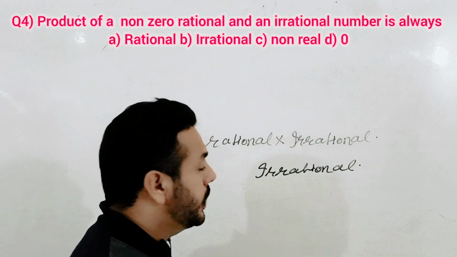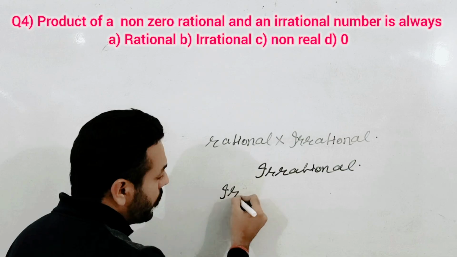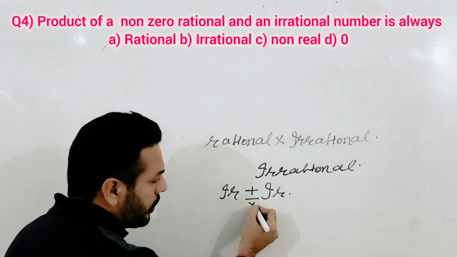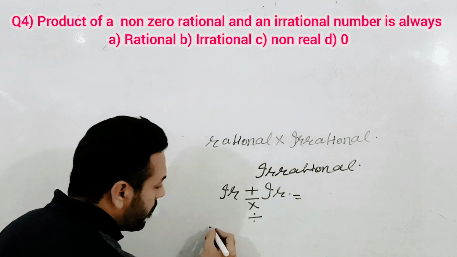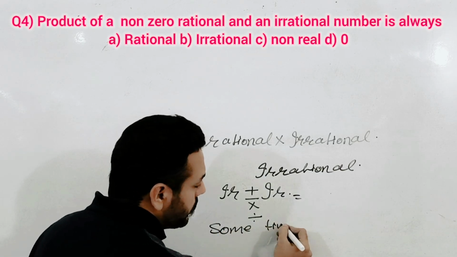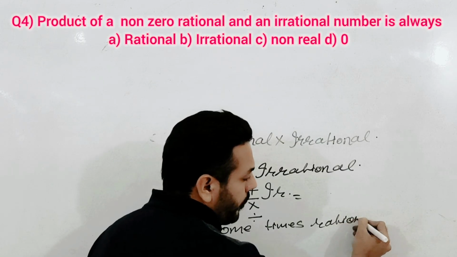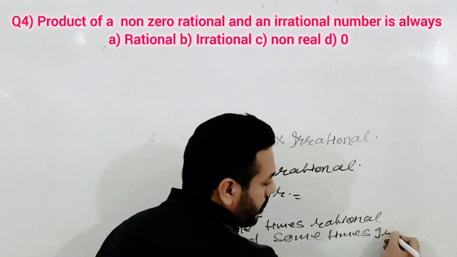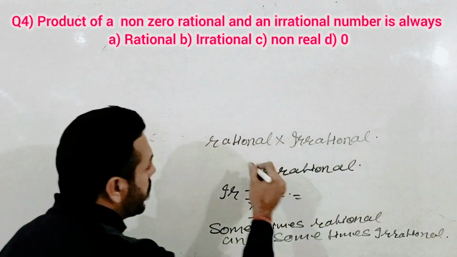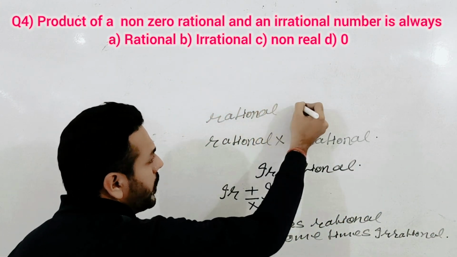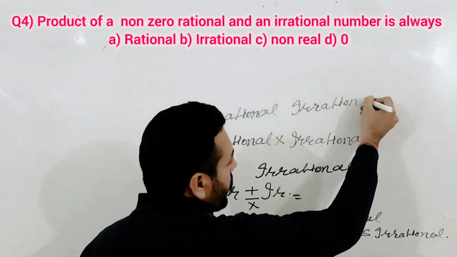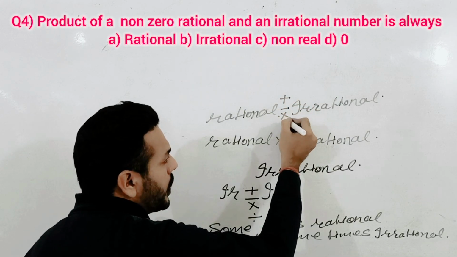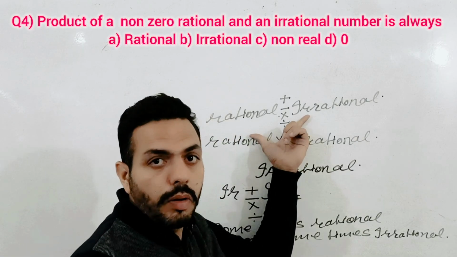Now we discuss another thing: if both numbers are irrational, and we add, subtract, multiply or divide them, then sometimes the answer is rational and sometimes irrational. But if one number is rational and the other is irrational, then for any operation, addition, subtraction, multiplication or division, the answer is always irrational.